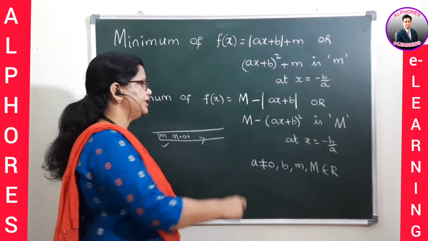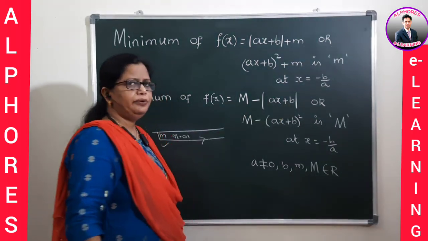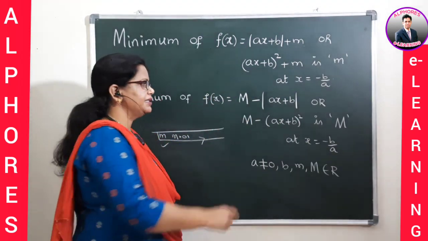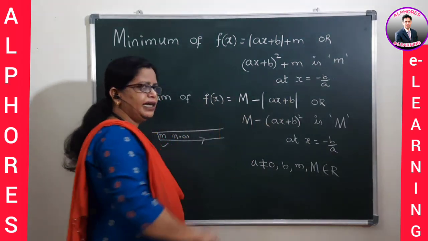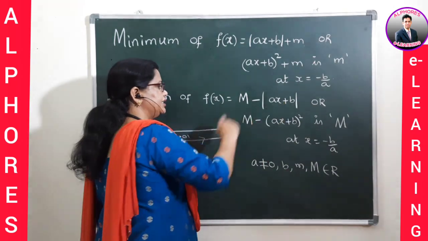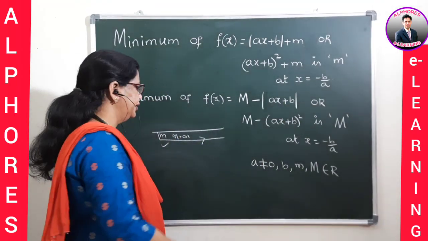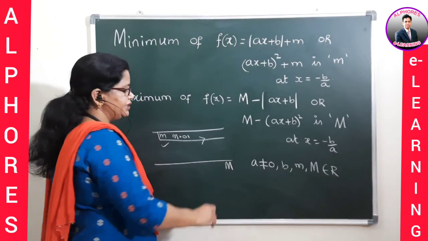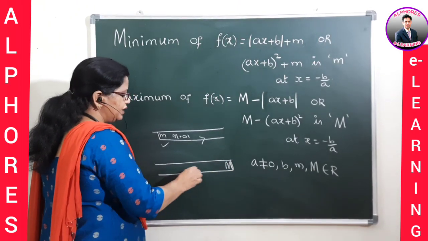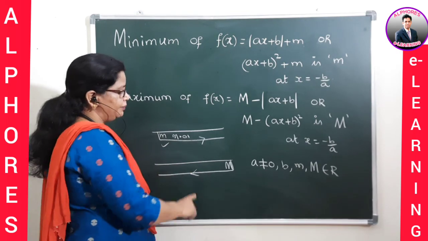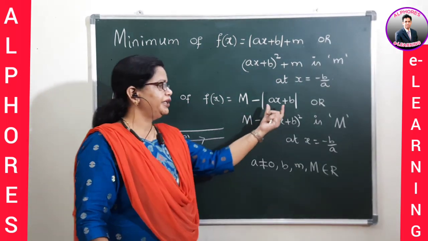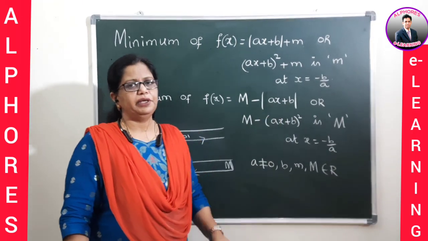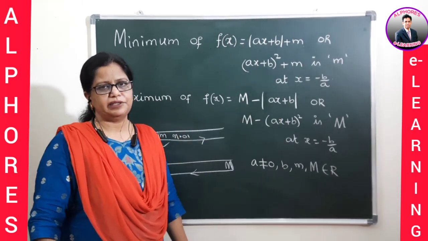The reason is this is a positive value and you are subtracting a positive value from m, which implies when it is 0 it is exactly m, and whenever it is not 0 it is some positive value subtracted. So among all values, capital M is our highest value and the others are all less than or equal to m. So exactly here also, when ax plus b equals 0, you obtain x is minus b by a, which implies m is our maximum value.